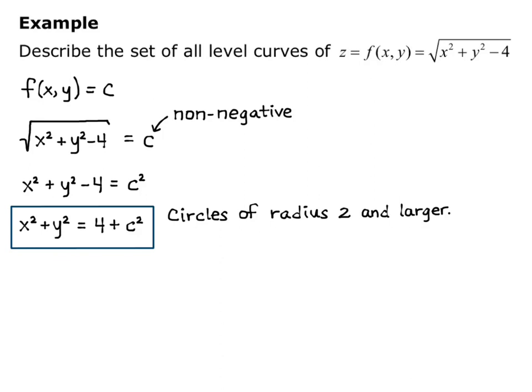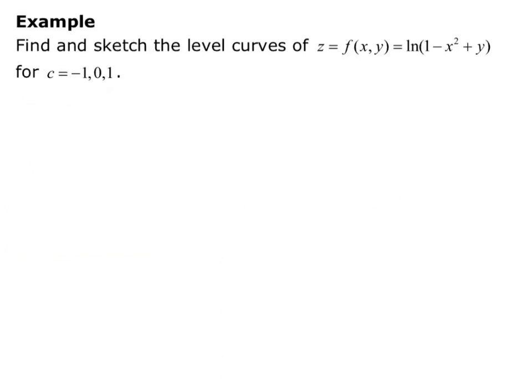In the next example, we'll look at specific level curves by picking specific values for c. We are asked to find and sketch the level curves of z equals f(x,y) equals the natural log of 1 minus x squared plus y for c values -1, 0, and 1.